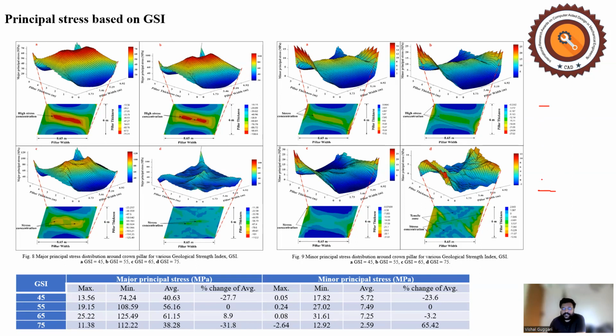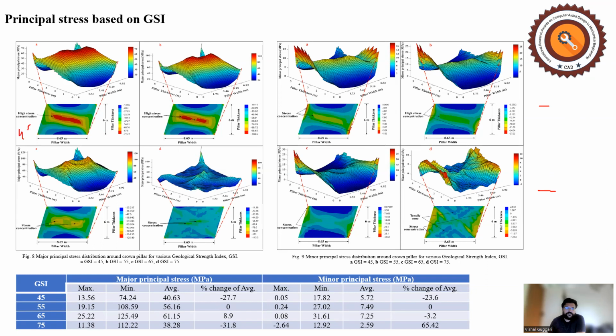It indicates that the strength of the rock mass is much higher because the discontinuities are very few. So a rock mass with a higher GSI value has more bearing capacity because the strength increases due to fewer geological disturbances.